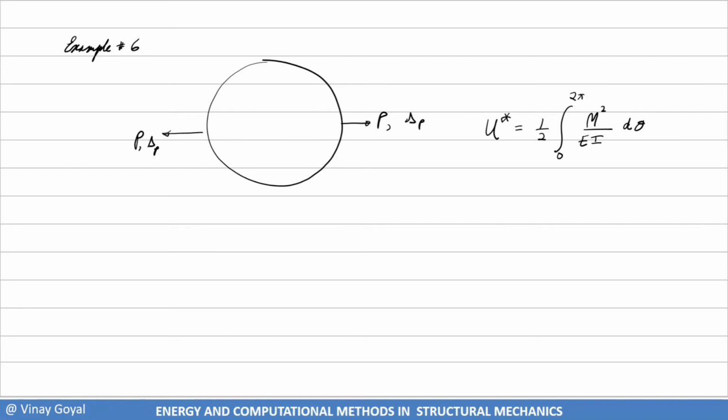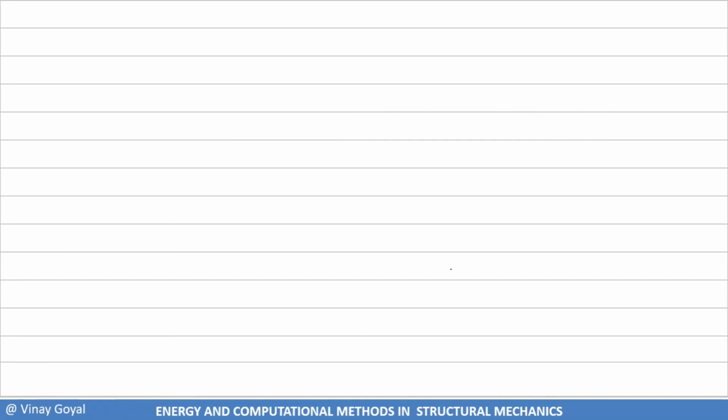But what I want to do now is examine a very, very interesting problem that has to do with optimization. Say I want to minimize the deflection of a beam when you apply an end load. So let's say I have this beam and I want to apply a load P, and I want to find the minimum deflection delta P while keeping the volume constant. So in other words, how will you arrange the cross-sectional area?